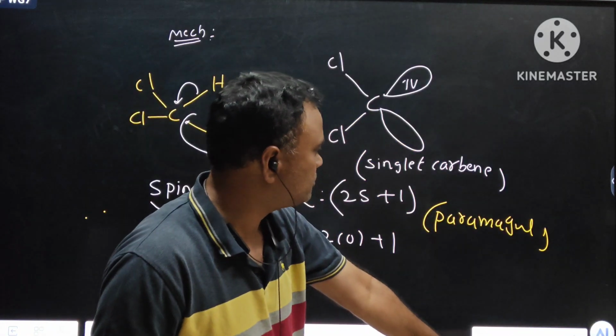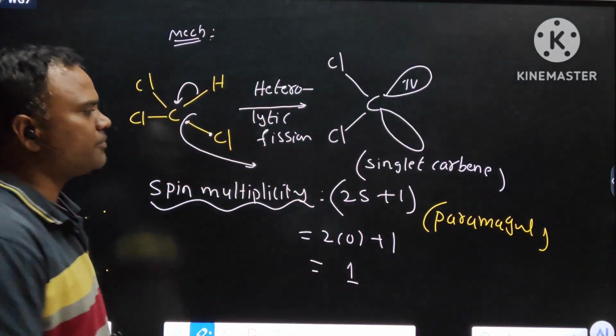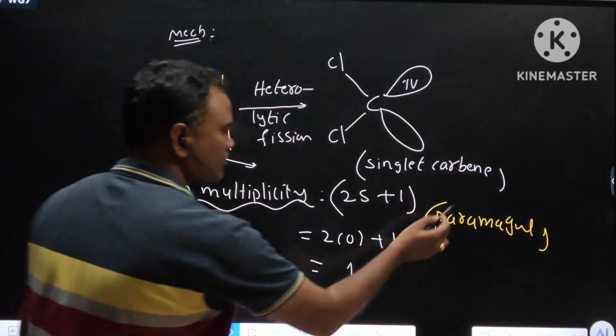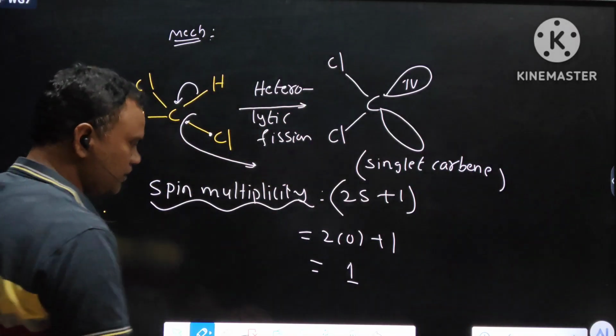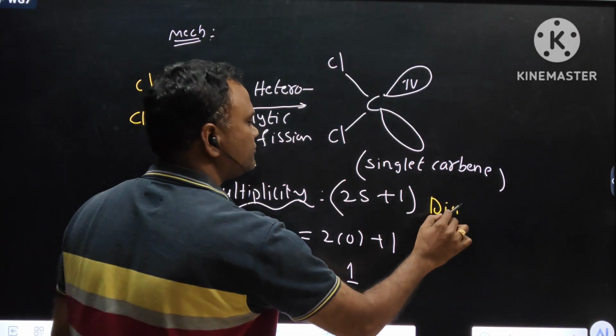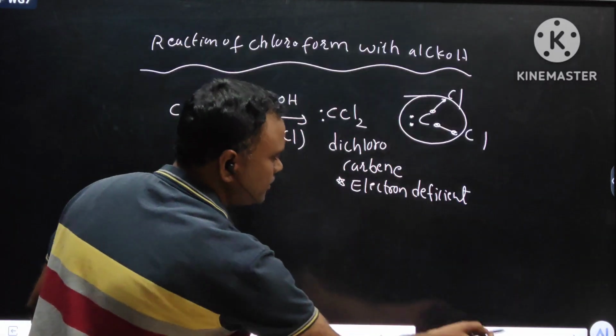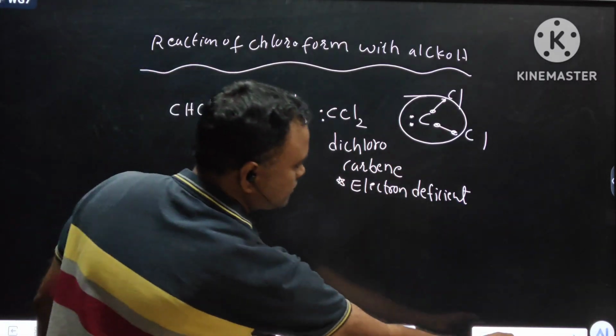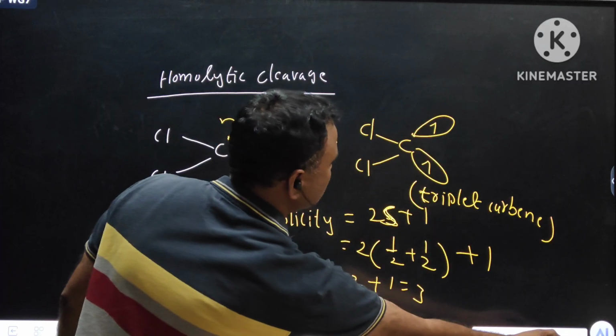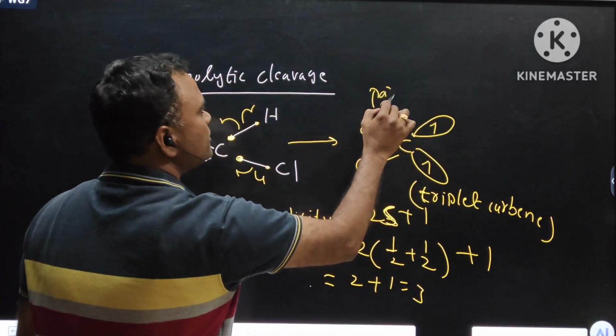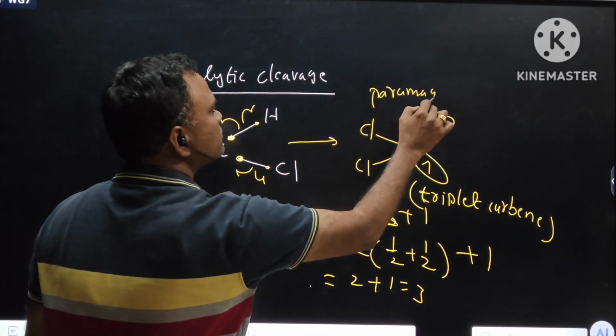Before that, what I wrote was paramagnetic or diamagnetic. Diamagnetic. Okay, this is paramagnetic. Why is this paramagnetic? Single electrons are present. Mention that point also.